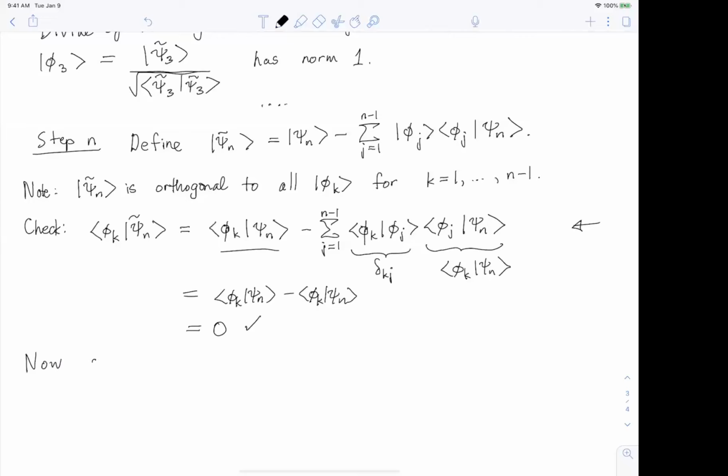I'm sorry, Professor. Yes? I still have another question. You mentioned psi of n is orthogonal to all of phi of k for k equals 1 through n minus 1. Doesn't this mean that all of these phi of k's are in the same plane? In other words, they should be in the same basis? No, they are all orthogonal to each other. If you have a three-dimensional vector space, then you should think of these as being like the unit vectors along x, y, and z.